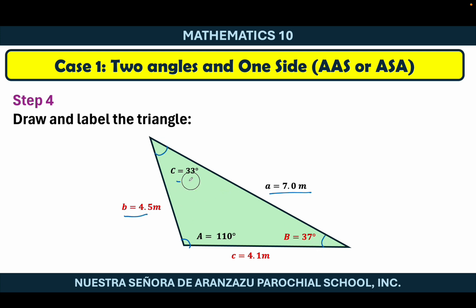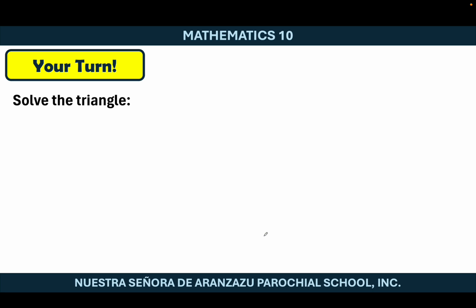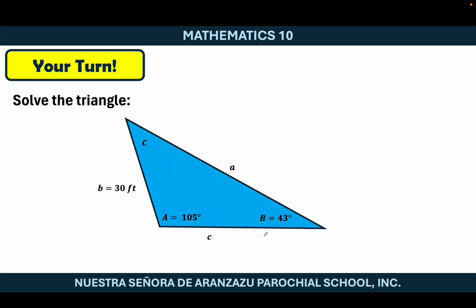Angle C is 33, and the opposite side is 4.1 meters. So that is the first example. Now, it's your turn. Try to solve this triangle. Given that angle A is 105 degrees, angle B is 43, and side b is 30 feet. Solve for angle C, side c, and side a.